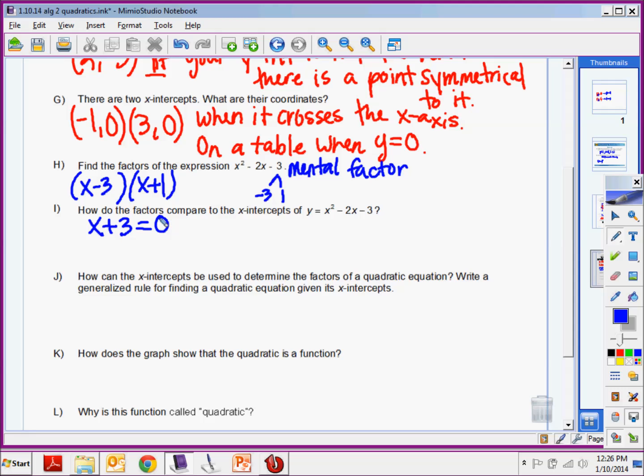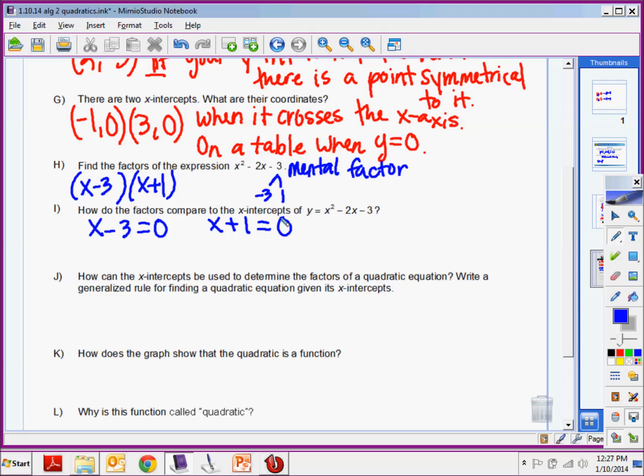Because if we're setting it equal to 0, that's our y value. We want to know when y equals 0. So we take our factors, and I wrote plus 3 and not negative 3, and no one stopped me.